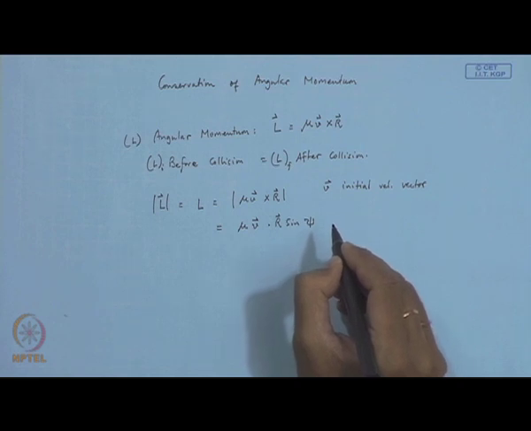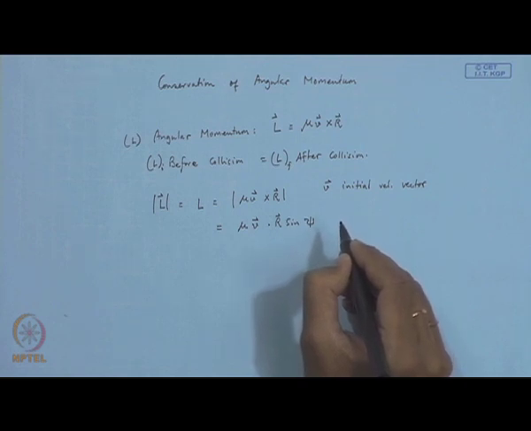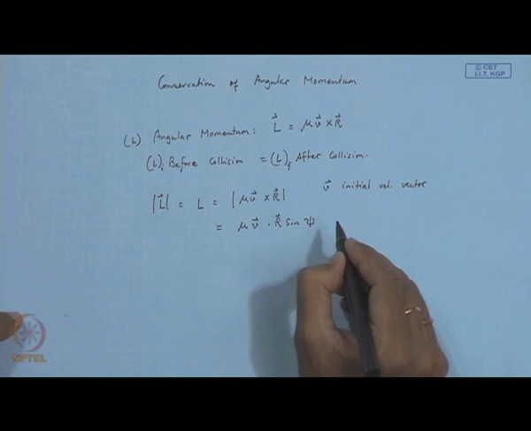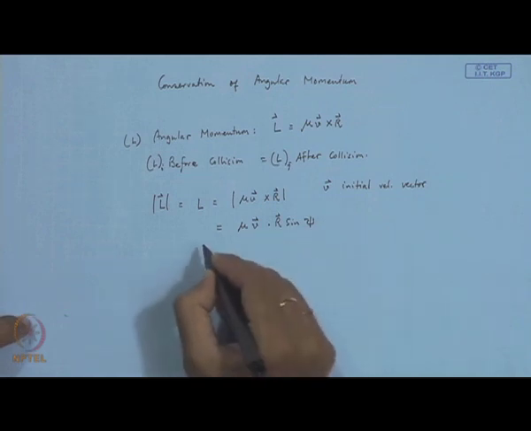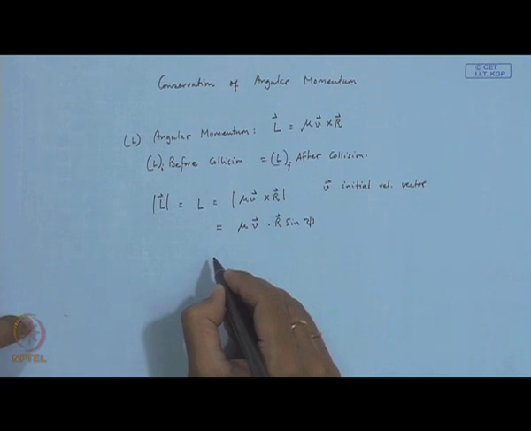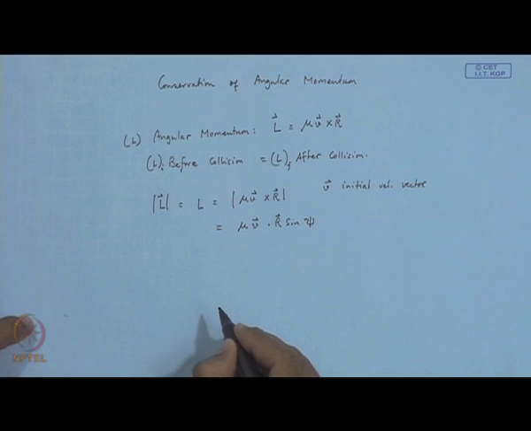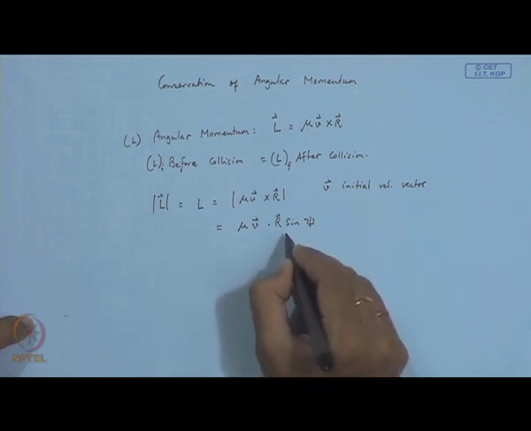Now, this is one expression. You can write L in this way. And what is B? B is basically r sin psi.